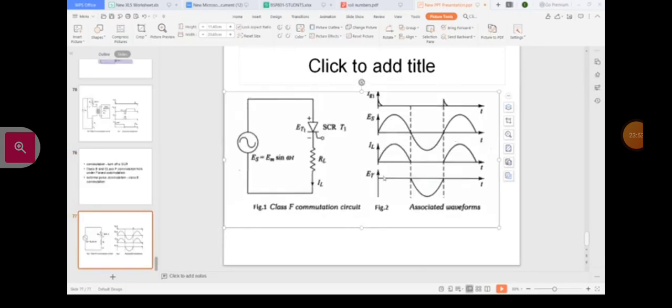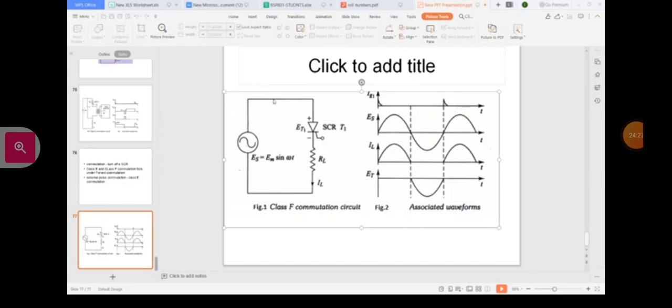Similarly, another type of commutation is class F commutation. First observe the circuit diagram of this commutation technique. In this circuit diagram, an AC signal is applied from the left hand side.